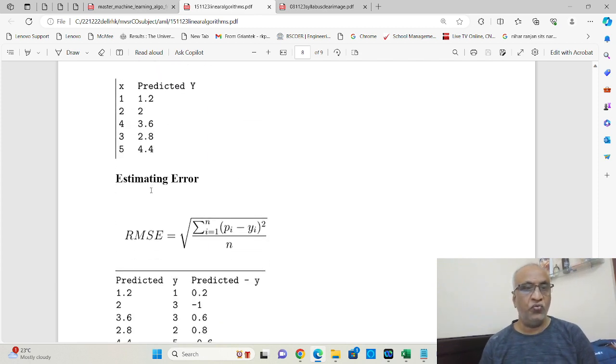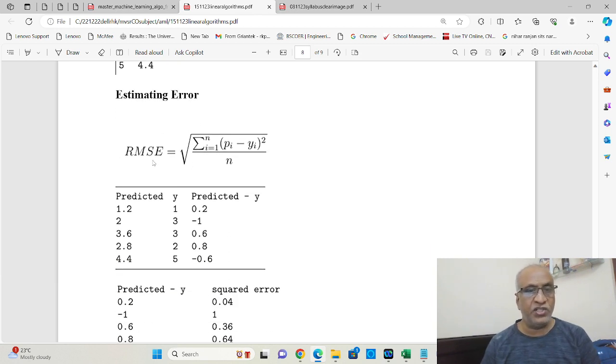So we have the actual value y now and the predicted value y. So we need to estimate the error. For estimating the error, we'll be using RMSE. RMSE stands for root mean square error. So this is the formula for it. Again, you have to take the summation of predicted minus actual value of y, squared, divided by the total numbers. So these are the predicted values. This is the actual y values.